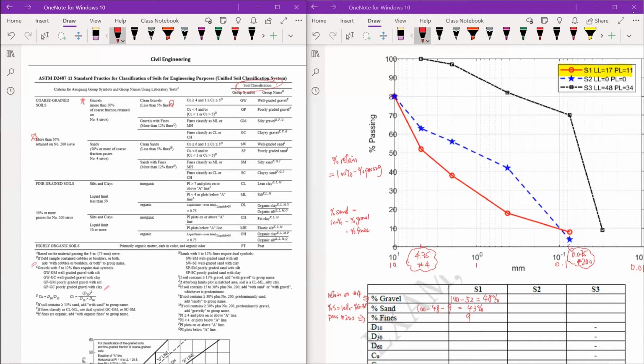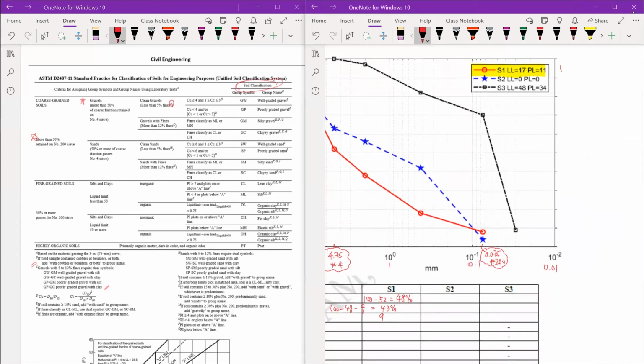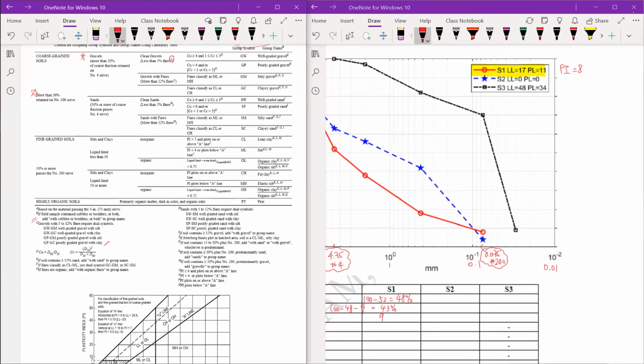We are given the liquid limit and plastic limit, and the difference between the two gives us the plasticity index, which equals liquid limit minus plastic limit. For this case, it is 8. To determine the nature of the fines for the dual symbol, whether it's silt or clay, we look at the plasticity chart.